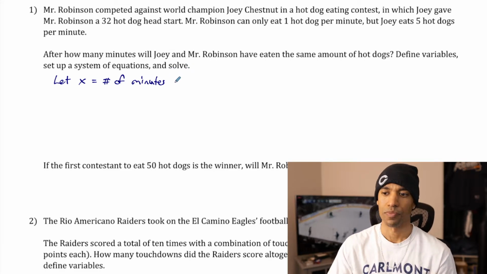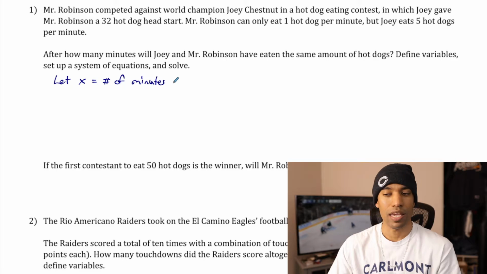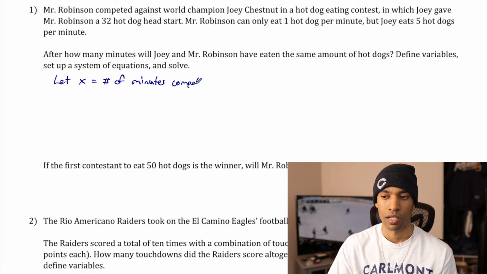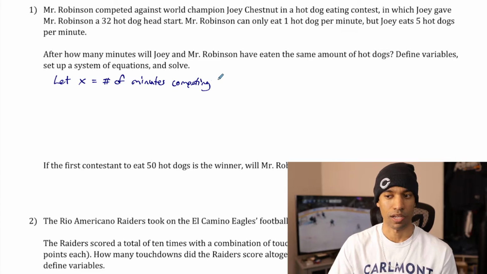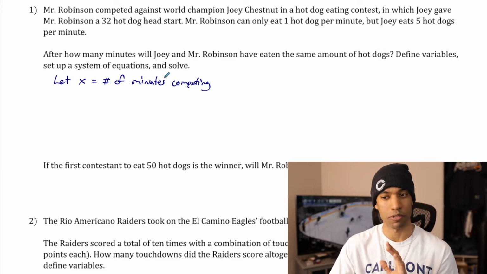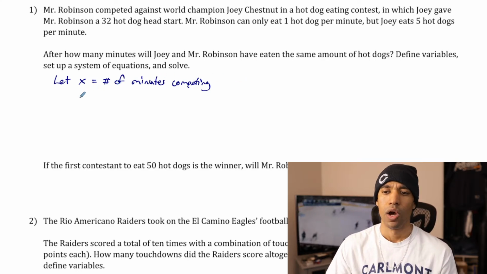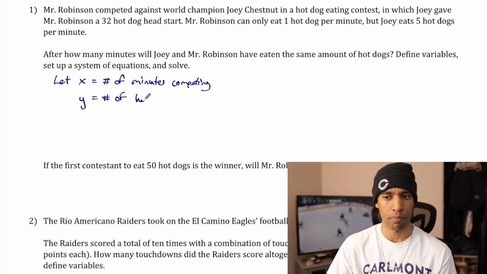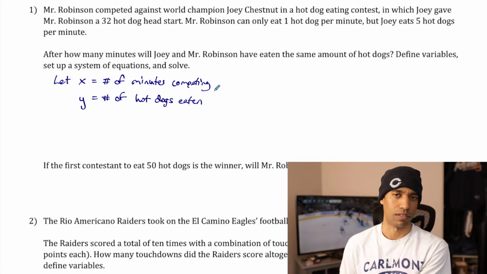Number of minutes competing. We don't compete till Joey starts. I'm just going to say number of minutes competing. And y is the number of hot dogs eaten, really per contestant.